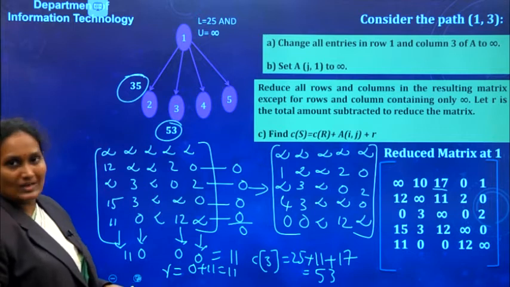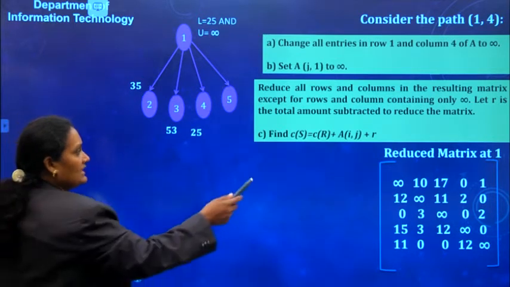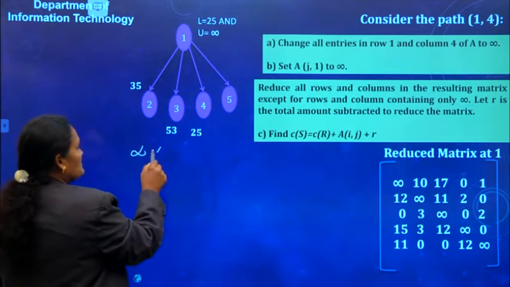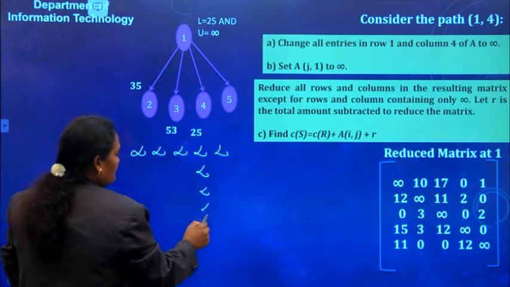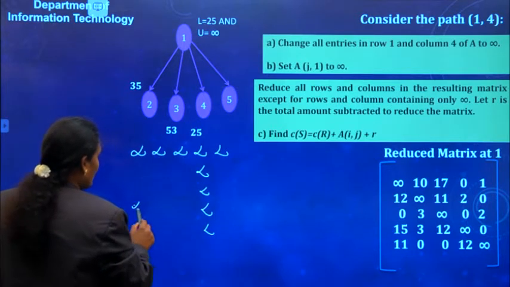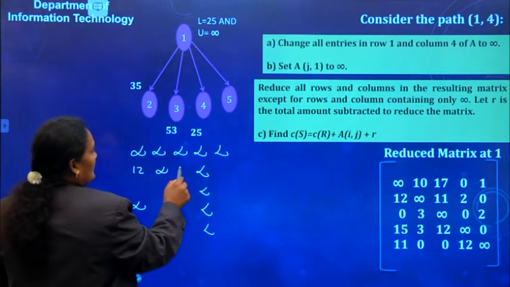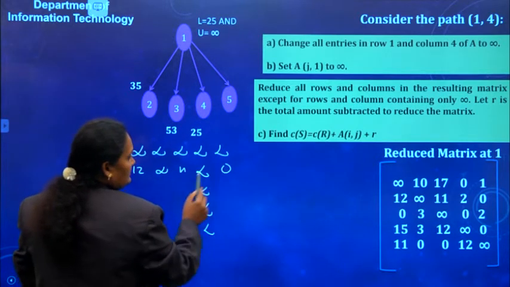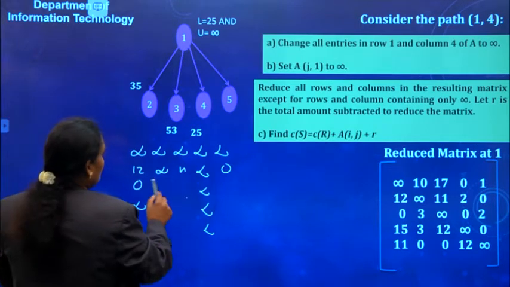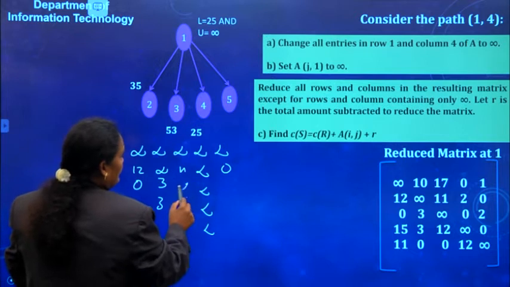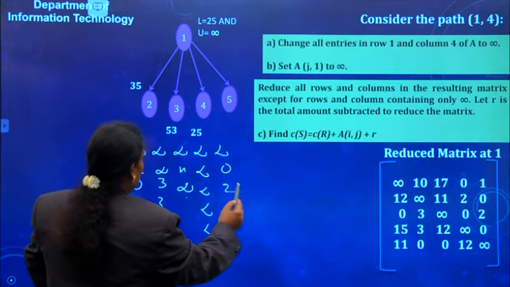Next we need to consider 1 4. Now how to find 1 4? Let us see here, 1 4. That is, we need to make the first row, fourth column as infinite and 4 1 as infinite, and the remaining entries stay as they are. 0 3 infinite 2.